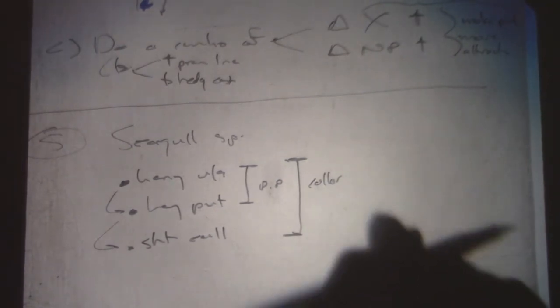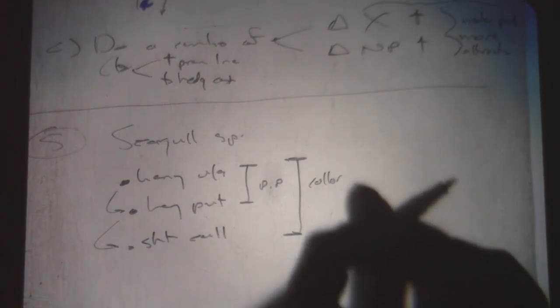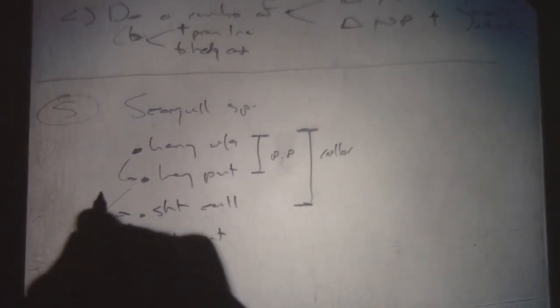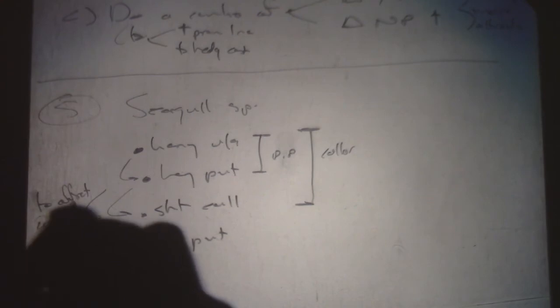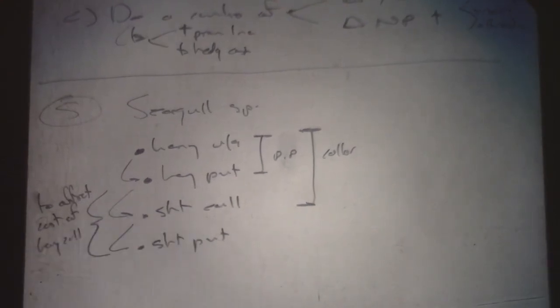Okay, but remember, it's got everybody. Short put. So it's saying to offset the cost of the long put. Here's the logic. Why are you just selling one option?